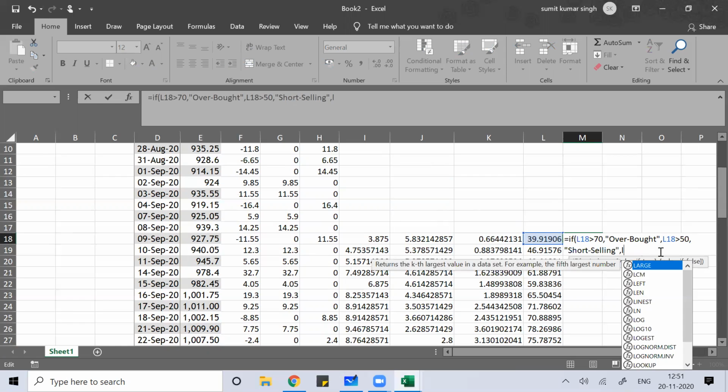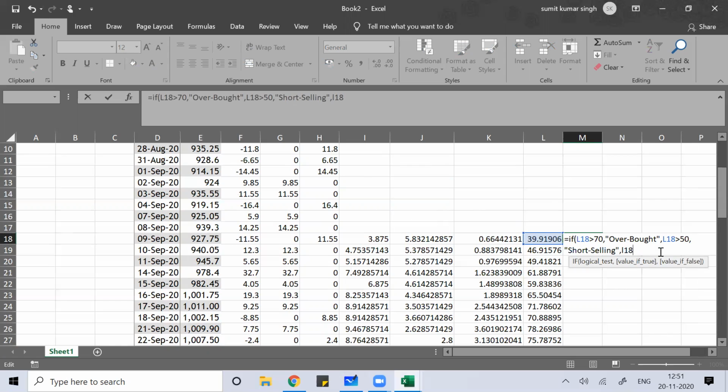If it is more than 30, you should buy, and otherwise you can hold. Less than 30.